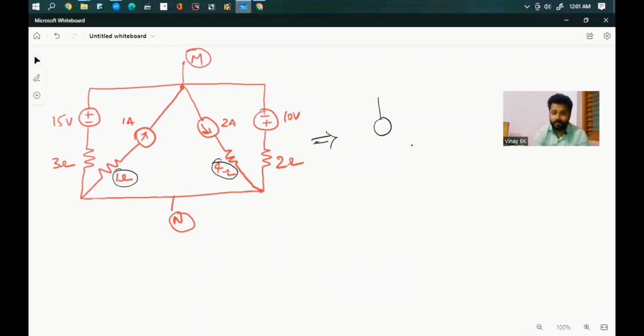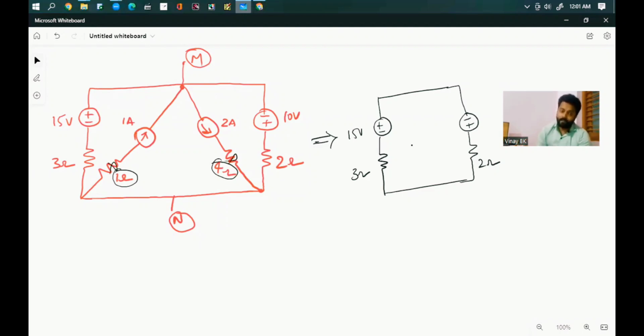There is a 15 volt voltage source in series with a 3 ohm resistor, and again the circuit will be like this: minus plus, 2 ohm resistor. These two resistors we neglect because they are redundant resistances connected in series with a current source.